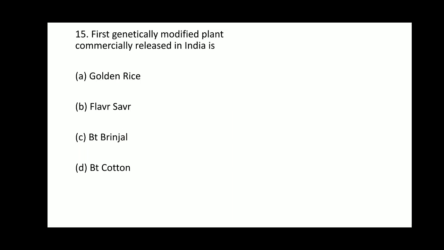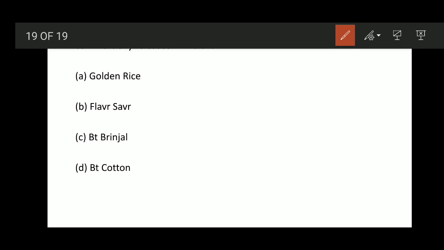Don't get confused in this question. They are asking about the first commercially released in India, that is Bt cotton. Flavr Savr was first released in the market in America, but in India it is Bt cotton. So option D is the right answer for this question.